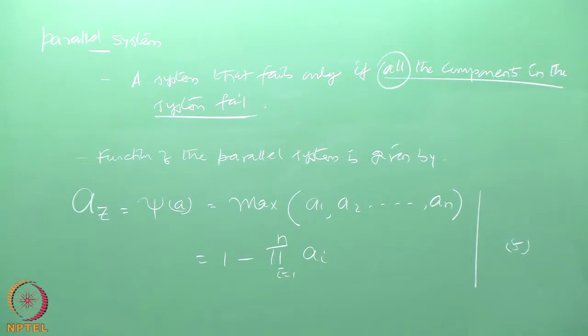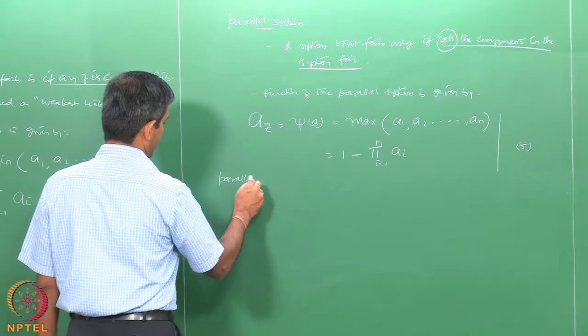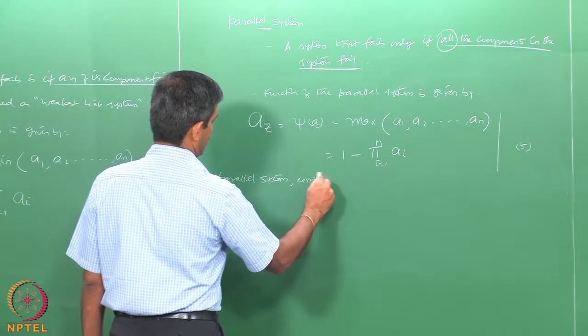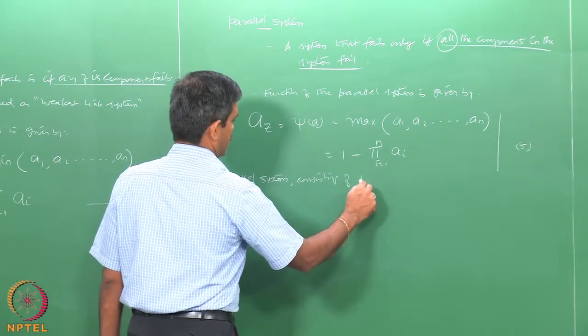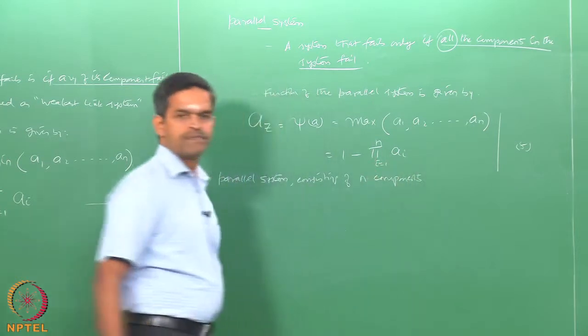Let us schematically see how a parallel system looks. We will draw a parallel system consisting of n components.